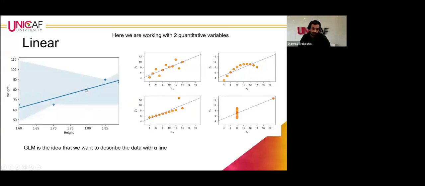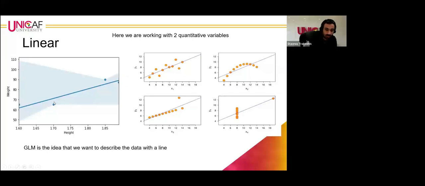This is done visually anyway. There is a mathematical formula to do this. And from this model that is based on the data that I have collected, which is these 4 people, I can make a prediction that someone who is 180 centimeters tall has a weight of around 82 kilograms.